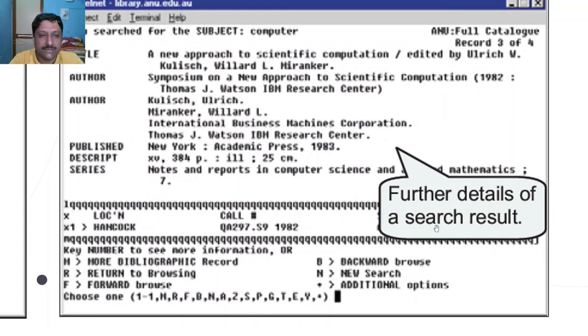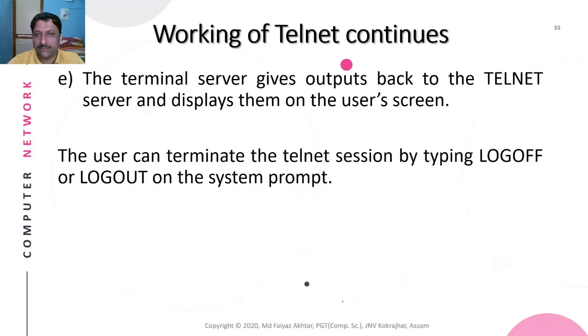Further details of the search result will be displayed. Every time it will ask you to choose one, and you type the particular character from these options, and it will go again. Like this.